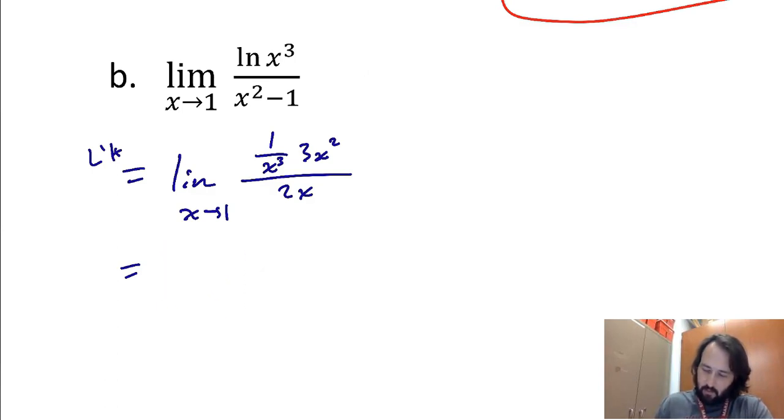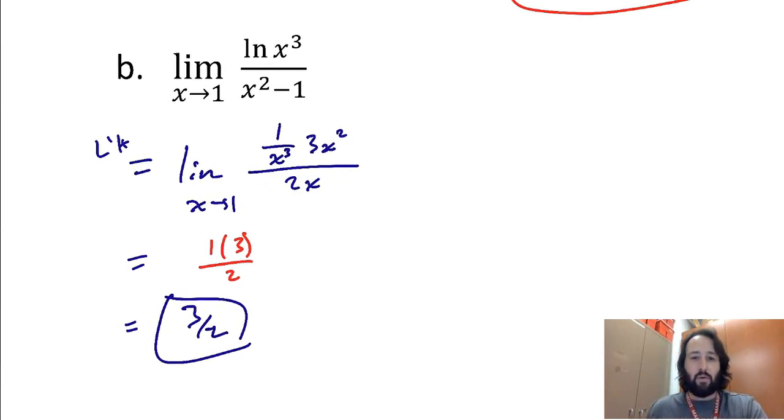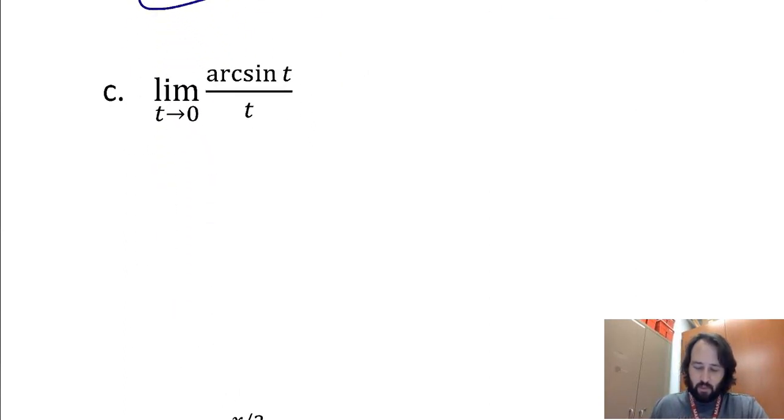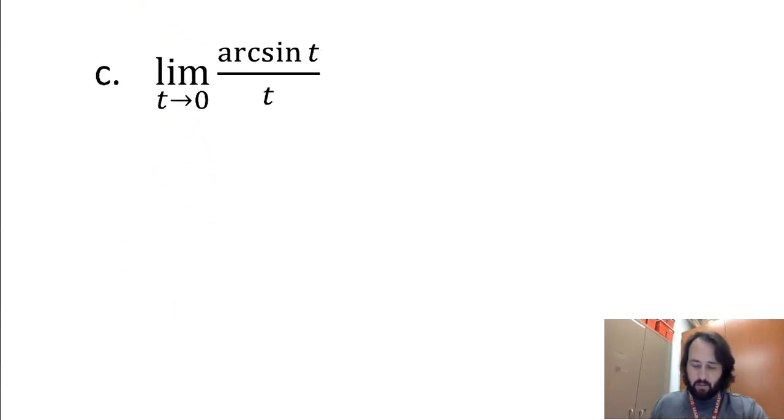I could, but I don't need to. This would be 1 times 3 over 2. So this would be equal to 3/2. Yay, I've evaluated with L'Hopital's, even though I cannot factor anything out here. There was a hole and there is a removable discontinuity there because those 2 things divided by each other was 0 over 0, which is an indeterminate form, but no factoring to be done.